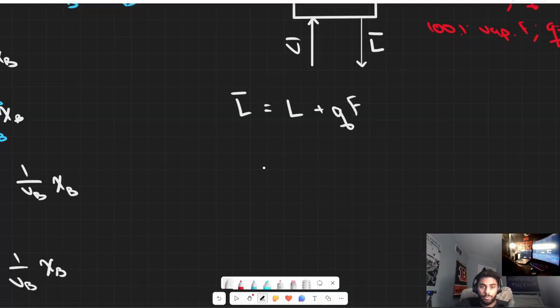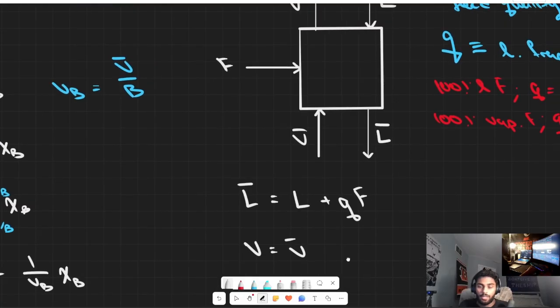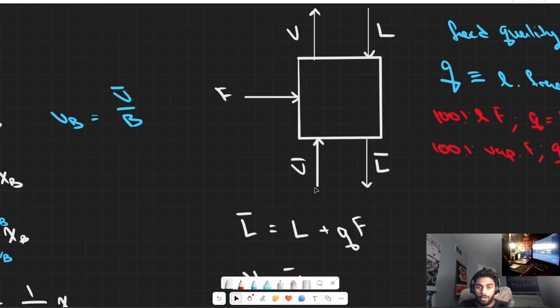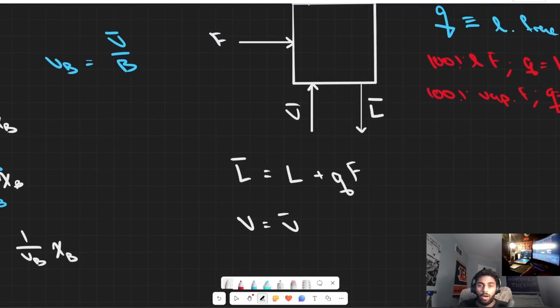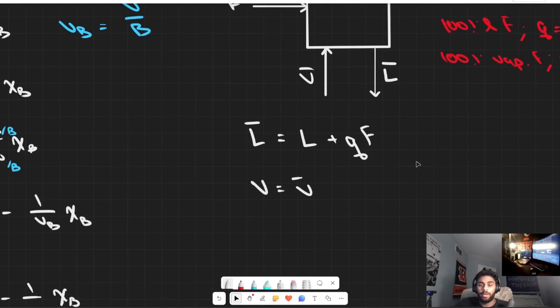And we could say a similar thing for our vapor. We reverse these now because what's entering is our V bar and our feed, and what's exiting is our vapor going into our rectifying half, so V is equal to V bar plus 1 minus Q times F.